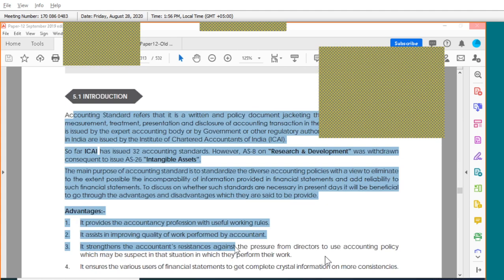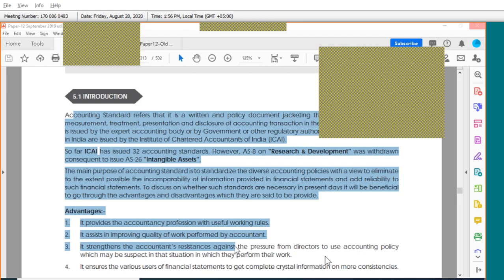Then what is the third item? It strengthens the accountant's resistance against the pressure from directors to use accounting policies which may be suspect in the situation in which they perform their work. What is the meaning? The company director will be the MD. The MD may not be financially sound, in the sense he does not have much knowledge about finance.